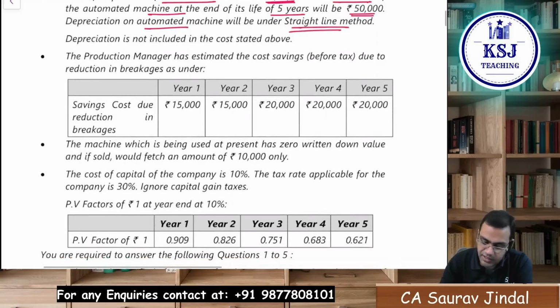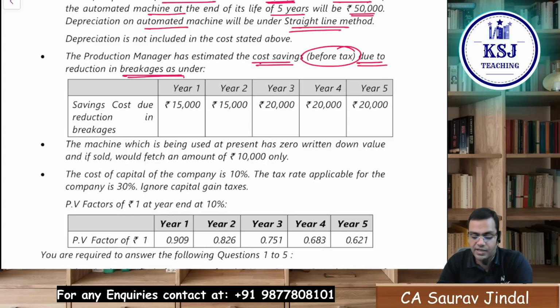The production manager has estimated that the cost savings before tax due to the reduction of breakages will be as under. Because we will introduce the new machine, we will be saving some cost on the breakages, and this is before tax: 15,000 in year 1, 15,000, 20,000, 20,000 and 20,000. So this is a saving, and this is a deemed cash inflow.